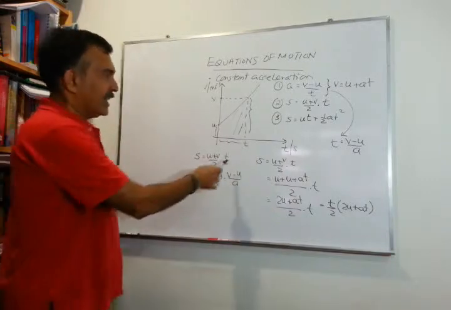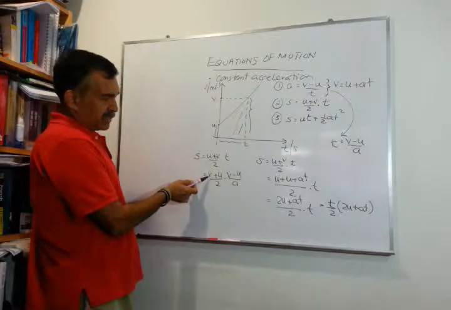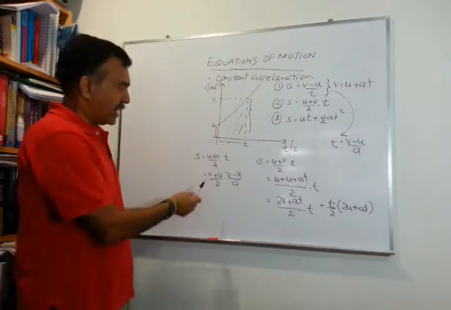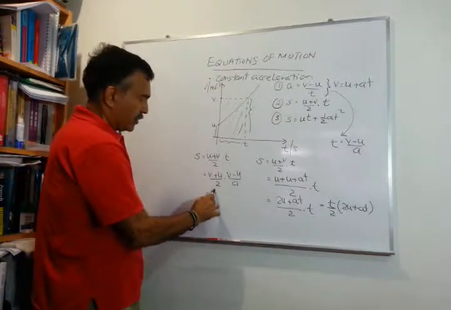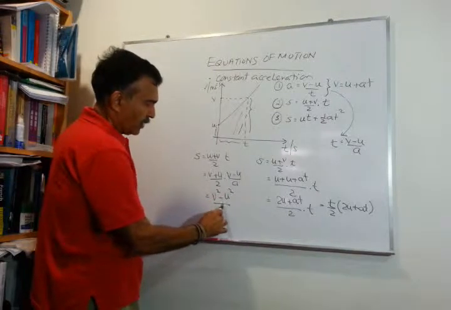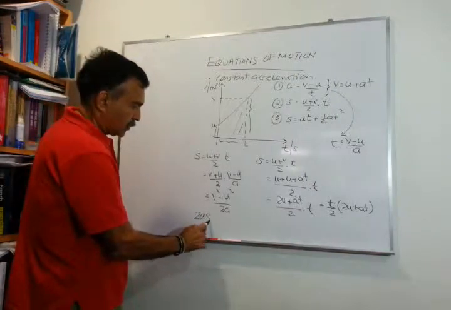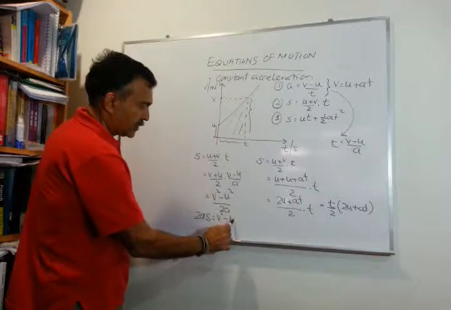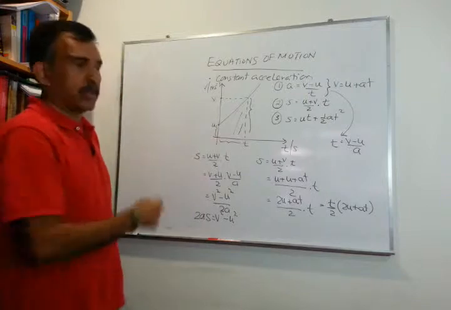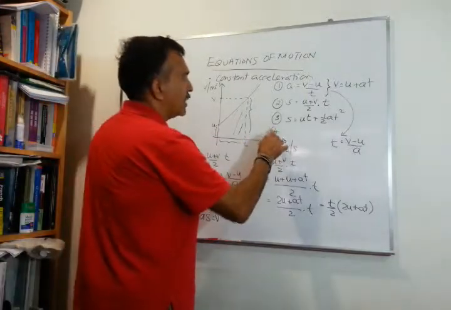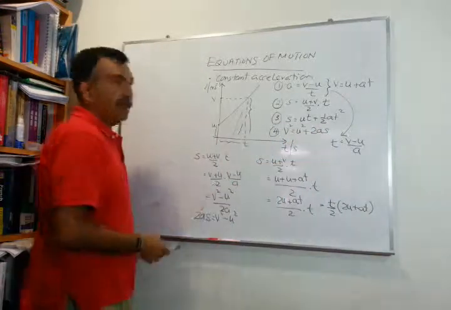The only reason I wrote this as v plus u is so that you can easily see I've got a plus b times a minus b, which is a squared minus b squared. So now I can write v squared minus u squared over 2a. So bringing the 2a up, I can write 2as equals v squared minus u squared. So let me write that again. This is v squared minus u squared, just cross multiplying. So now I can write my fourth formula, v squared equals u squared plus 2as. And we are done.